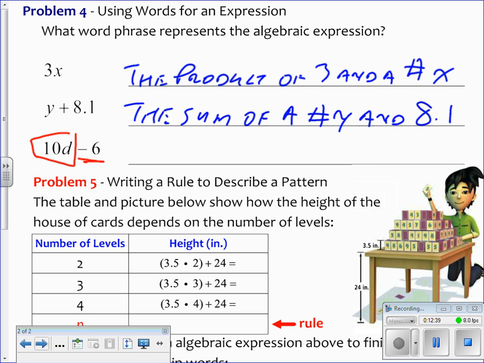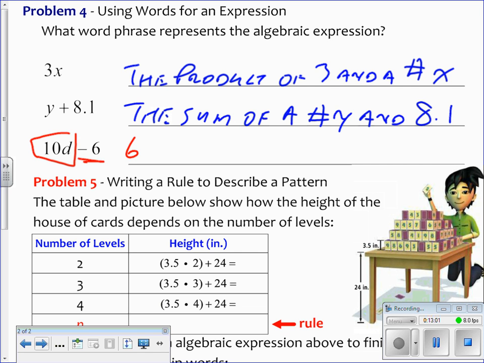There's lots of ways I can do that. I could do less than, I could do subtraction. And 10d would be the product, 10 times d, something along those lines.